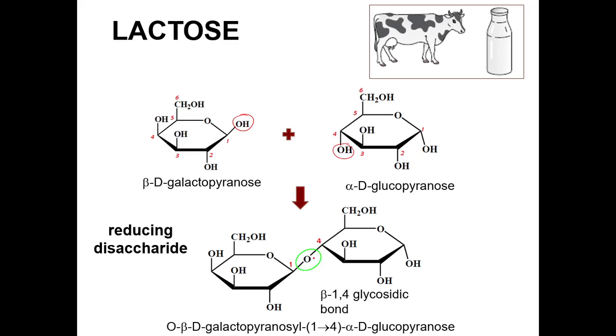And then, your glycosidic bond is formed here. And the glycosidic bond is from 1 to 4.